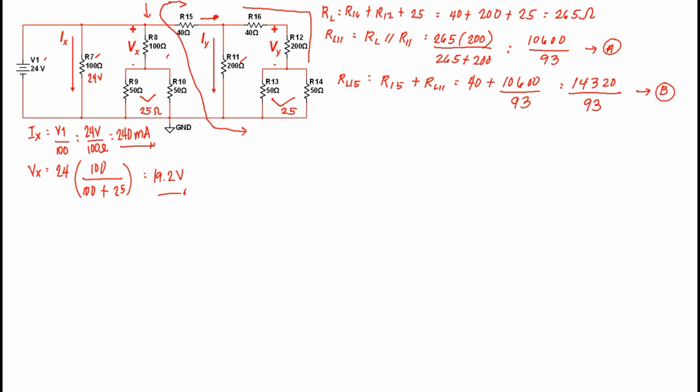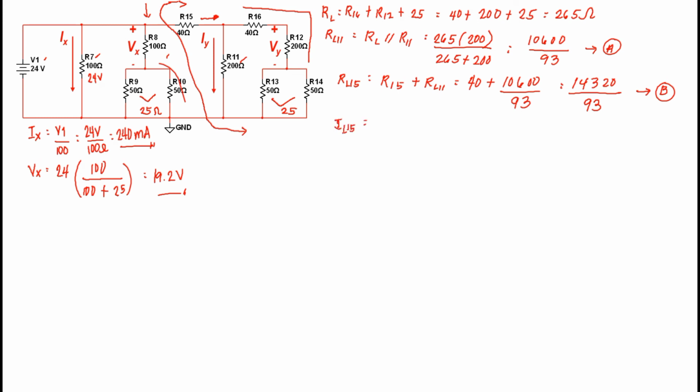Now that we have the RL15, we can solve for the current flowing through this whole branch. Let's say that is IL15.